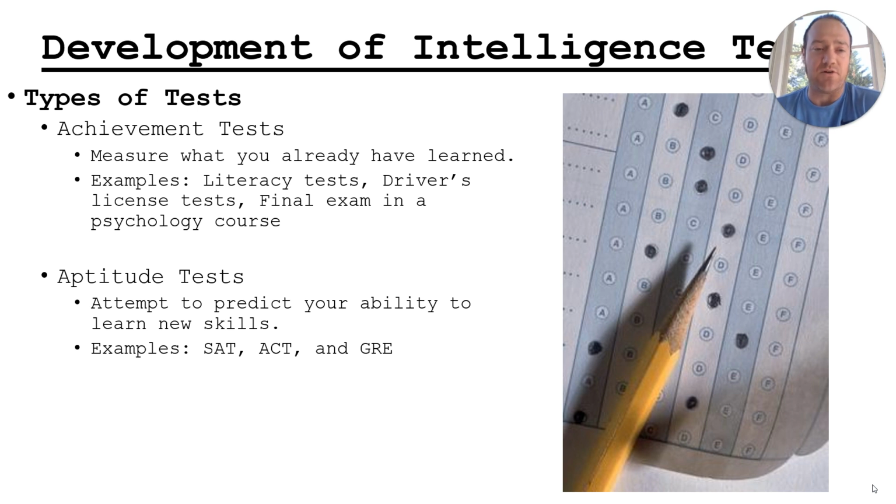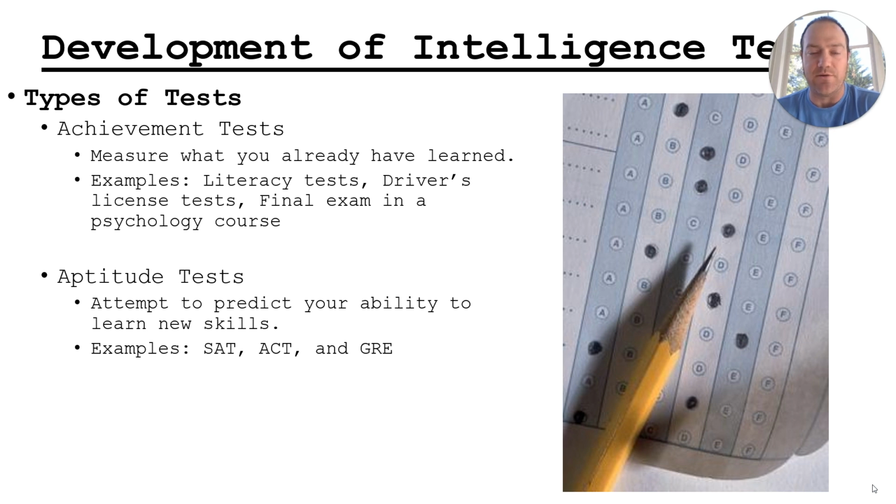And then aptitude tests are constructed to try to predict your ability to either learn new skills or apply skills in a specific setting. The SAT and the ACT are used to predict your ability to learn skills in college, which is why they're used as entrance exams. The GRE is the same thing, except for grad school.